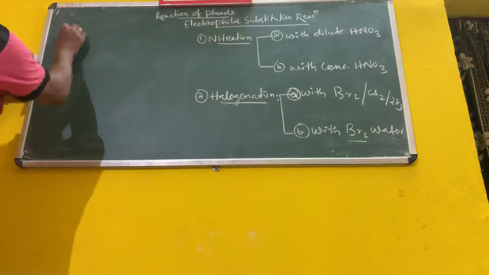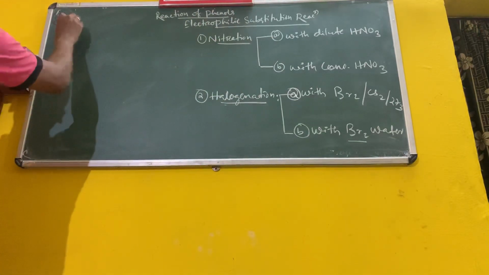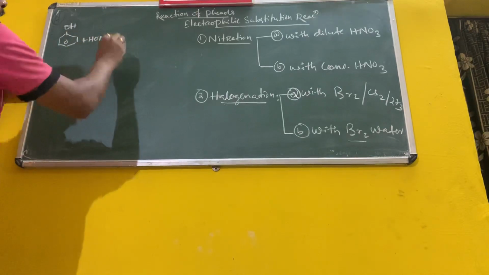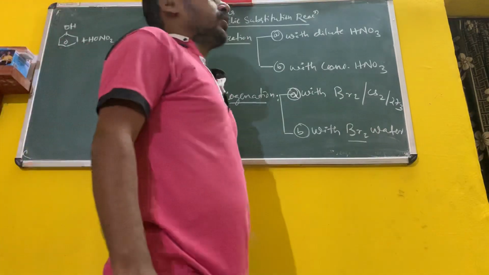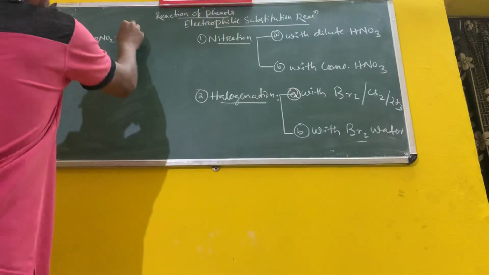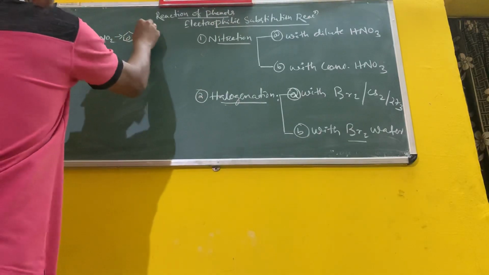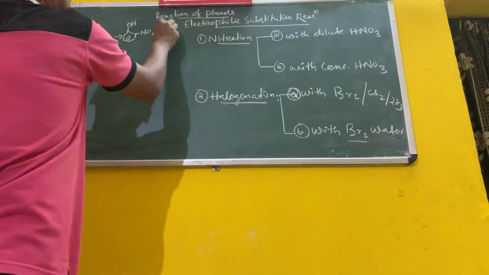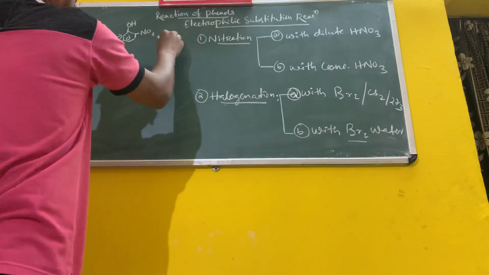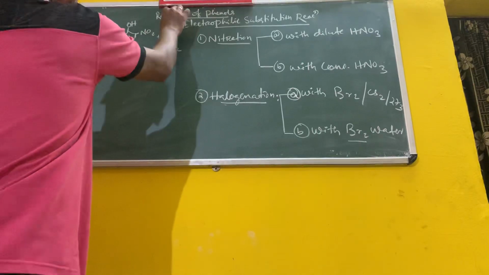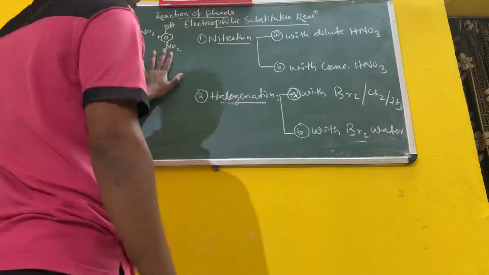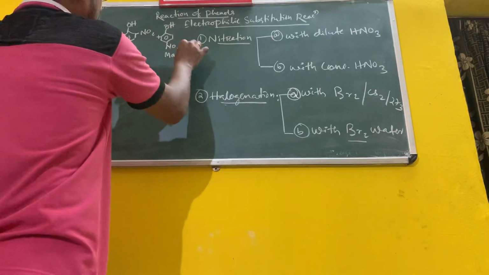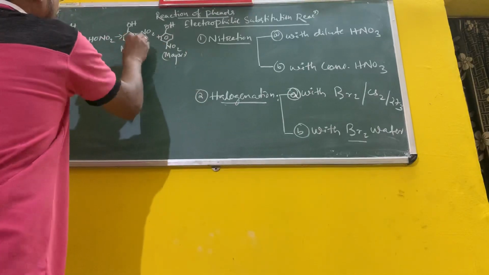You see, OH plus HNO3 will form the ortho derivative, orthonitrophenol, plus paranitrophenol, the para derivative. And which one is the major product? Para is the major product, and the ortho one is the minor product.